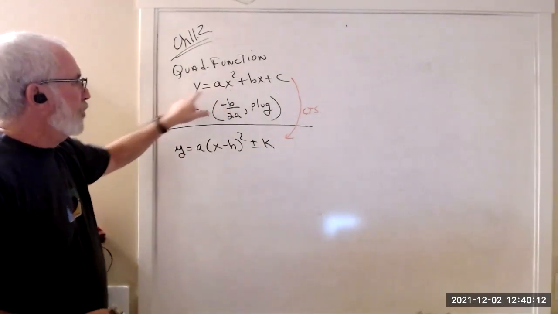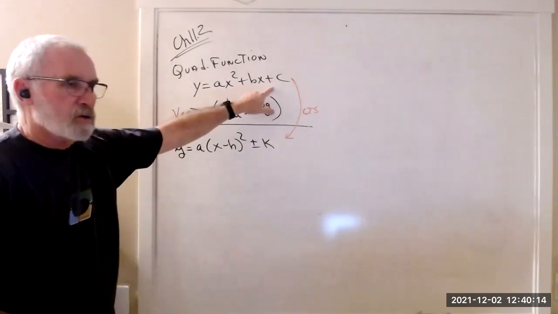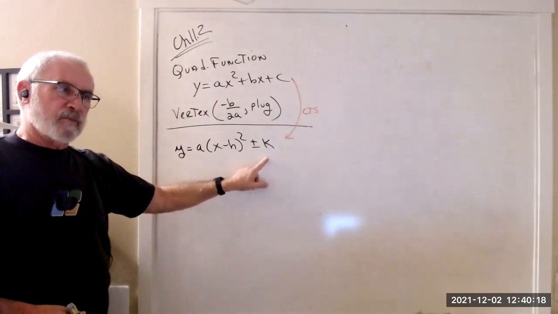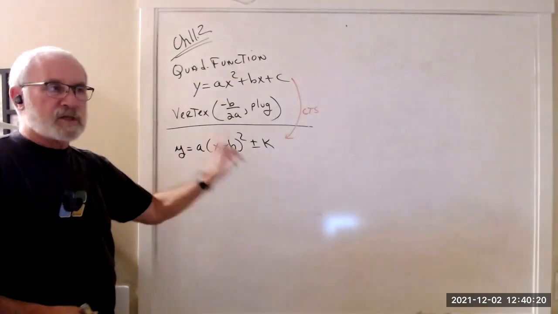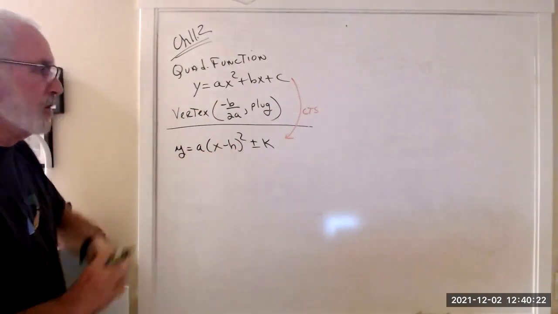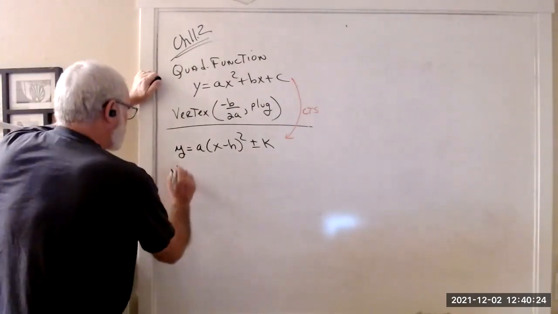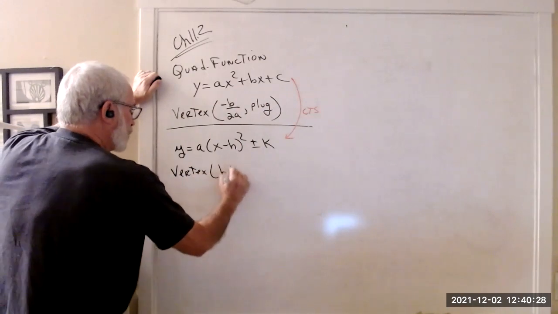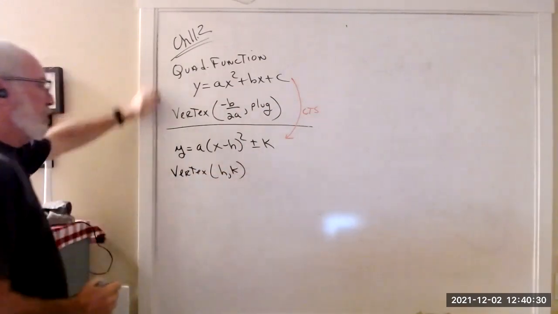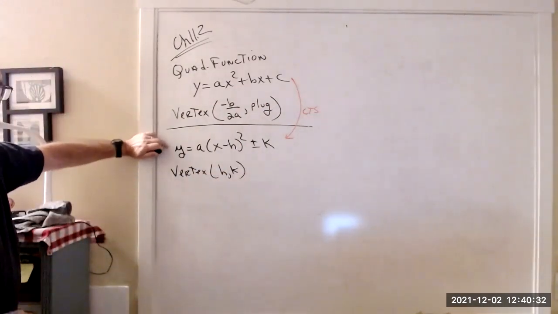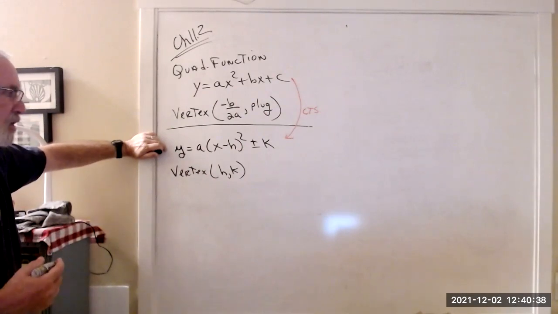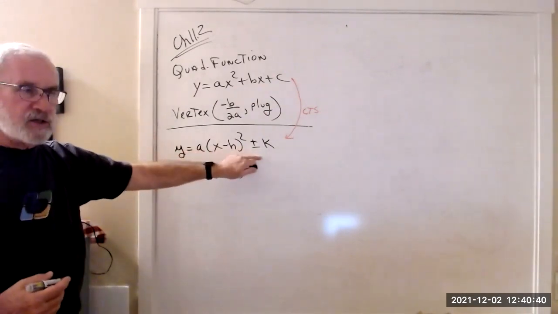You can transform this equation into this equation. What's nice about this equation is the vertex is h comma k. So when we give you an equation that looks like this, we're telling you what the vertex is, h comma whatever k is.